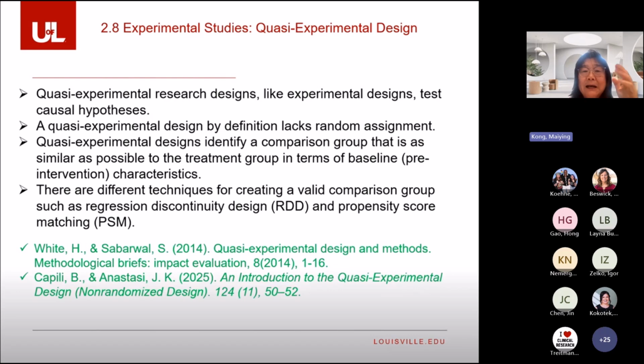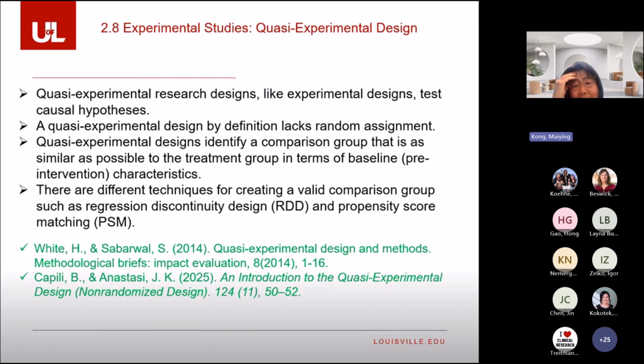This is about the controlled clinical study. Then we come to the quasi-experimental study design. Quasi-experimental research design is like the randomized controlled trial, but the only thing is it lacks random assignment. You have a treatment intervention group and also a control group, but there is no random assignment.